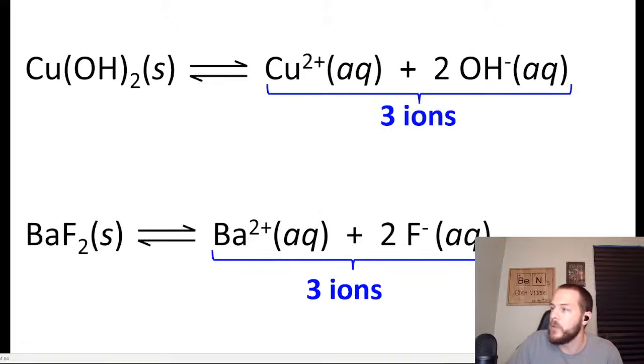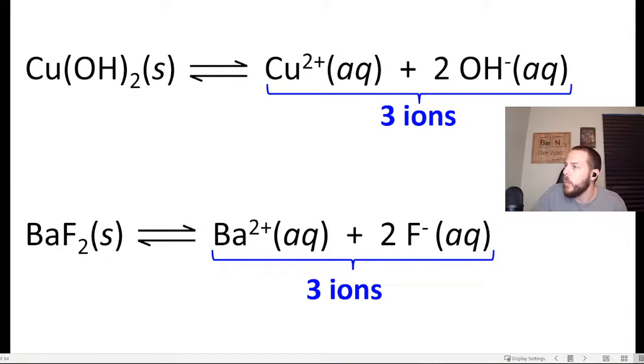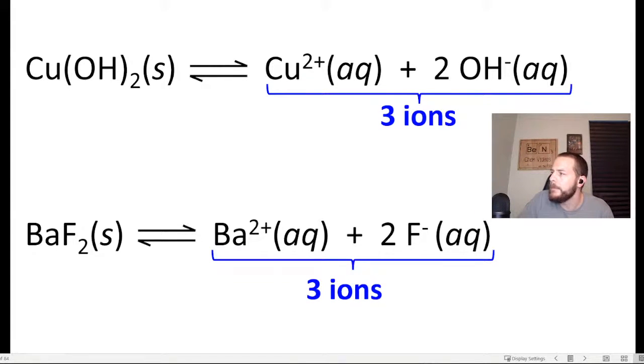If we look at the chemical equations for these two, we can see that both ionic compounds produce the same number of ions in solution, which is 3, when they dissolve. Three ions in the case of copper(II) hydroxide, three ions in the case of barium fluoride.